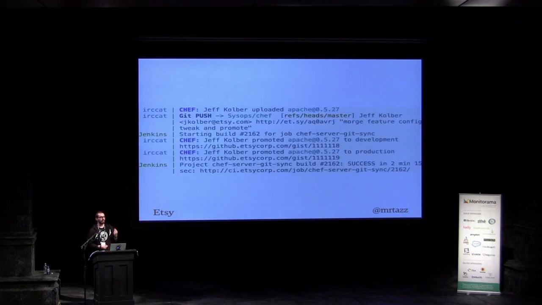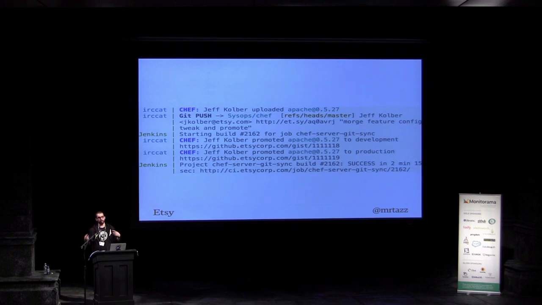One of that means that we use KnifeSpork for a workflow, and whenever someone changes a cookbook, in IRC we get a notification someone uploaded, in that case, the Apache cookbook, and promoted it to the development and the production environment. And that also kicks off a Jenkins job to figure out, did the changes that are on the Chef server actually make it to Git?